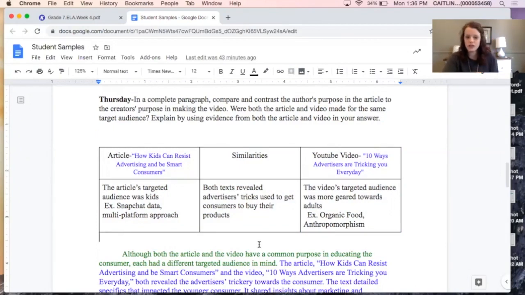There were lots of different examples of that, like pulling the Snapchat data and so forth. And then the YouTube video was talking more about the general consumer, and I thought targeted more towards adults and older people. They used examples of organic food, misleading sizes, anthropomorphism, which is a really difficult word to say.